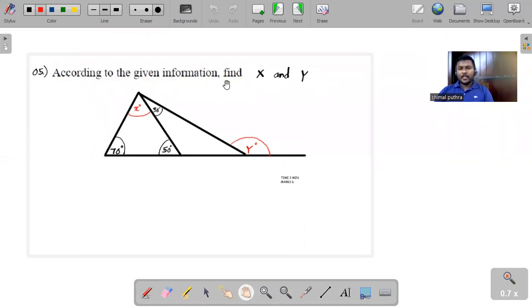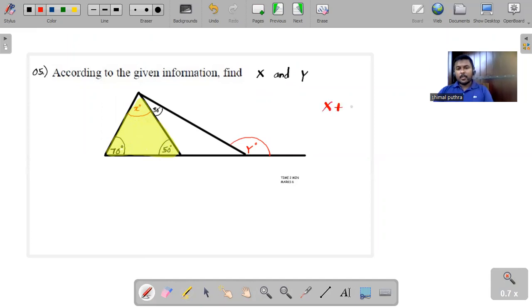According to the given information, find x and y. Yes, very easy question. Can you remember what we discussed in the previous part? You can find x quickly. How? This is a triangle. The sum of angles of a triangle is equal to 180.